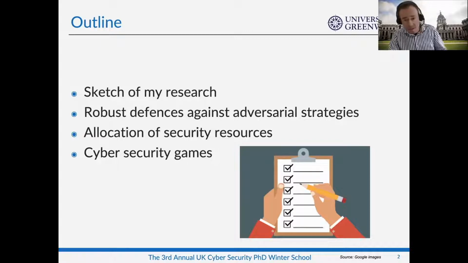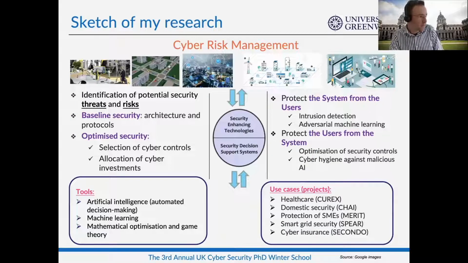Then allocating security resources to actually create these robust defenses, and one of them could be, let's say, money, so invest in cybersecurity controls. And then at the end, what I call here cybersecurity games, in the form of strategies between a defender and attacker, as I will discuss later.